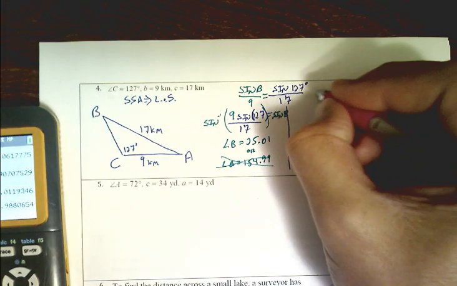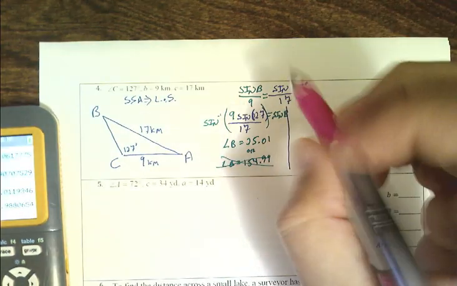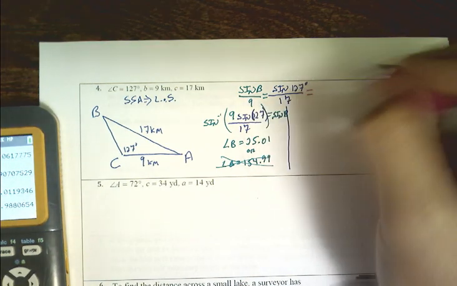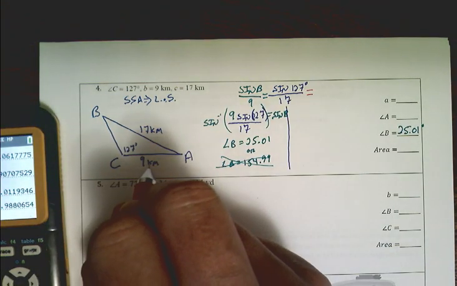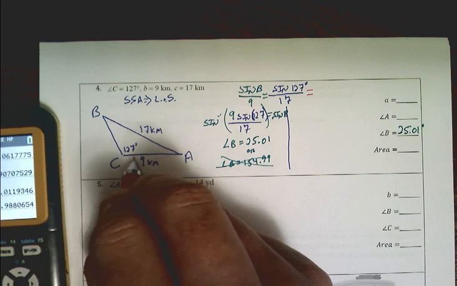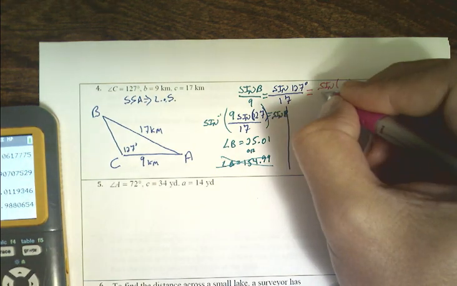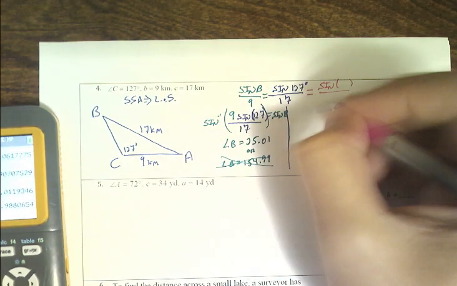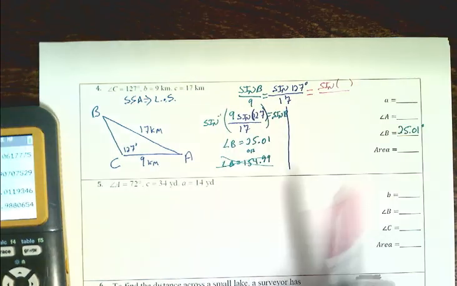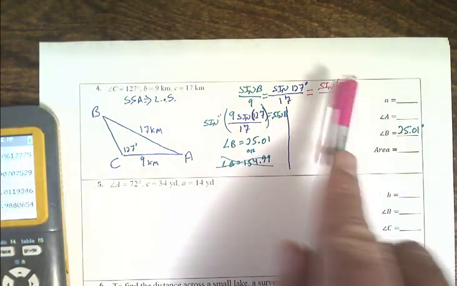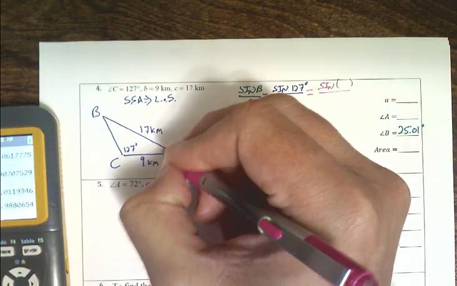Now we're going to do the same thing over here. But this time, we don't have a completed ratio over here. So this needs to be sine of some angle divided by whatever our missing side is. So we need to find angle A first.